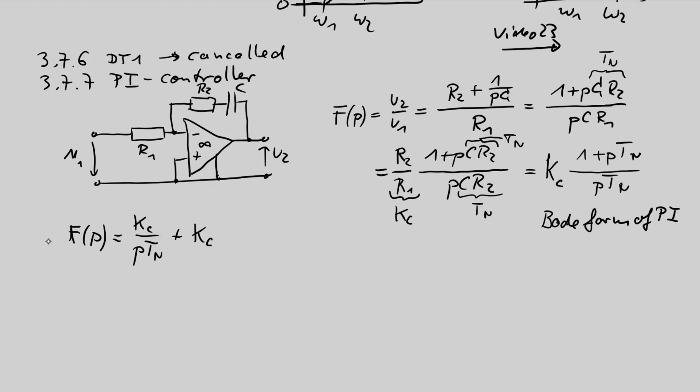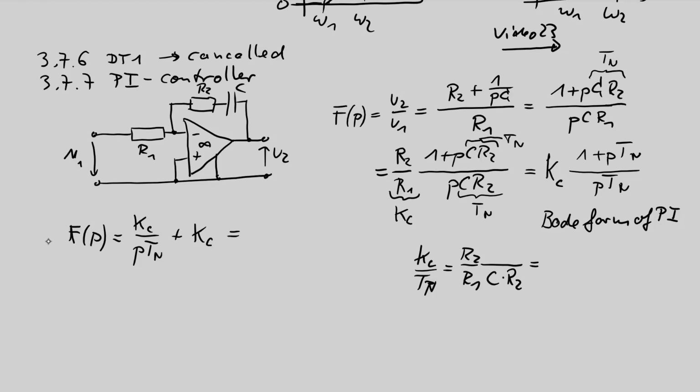And if you look at what is Kc divided by Tn, the factor Kc divided by Tn is R2 over R1 divided by Tn, and Tn is C times R2.